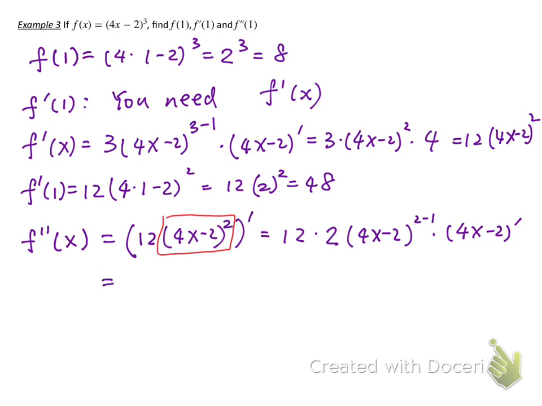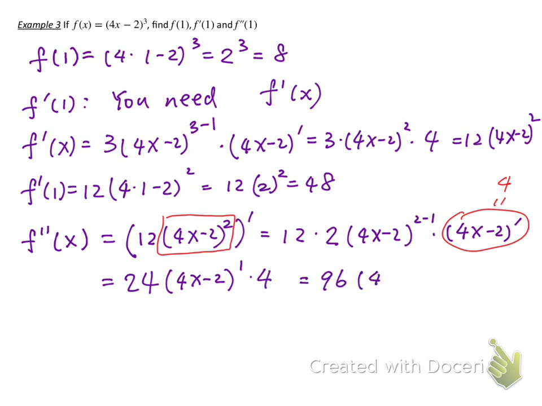So we get, I'll multiply them, 24(4x - 2) to the first power times 4. So this is 96(4x - 2). Then I can plug in 1.